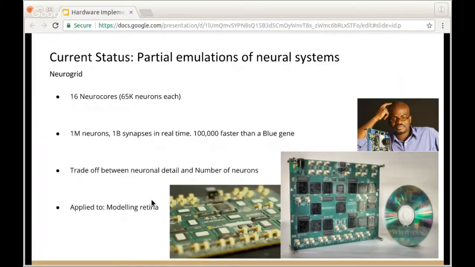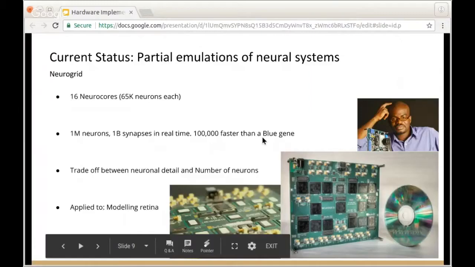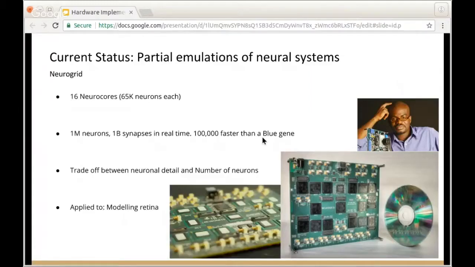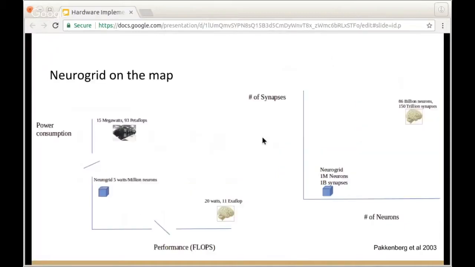Or we can have 100,000 neurons, and each neuron can have 10 compartments, and we can consider the morphology and dendrites of a neuron. But it comes with the cost of losing the number of neurons that we are simulating.